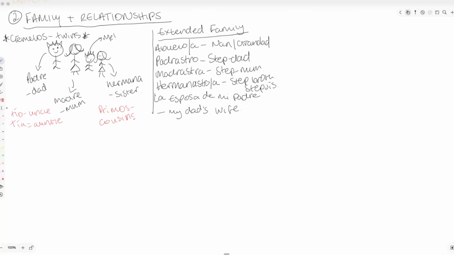So now that we've got our basic vocabulary, what we want to do is have a look at some connectives or useful words that you want to know. So the first thing to mention is that you're going to see different types of words. So you could see the word familia, which is obviously family.